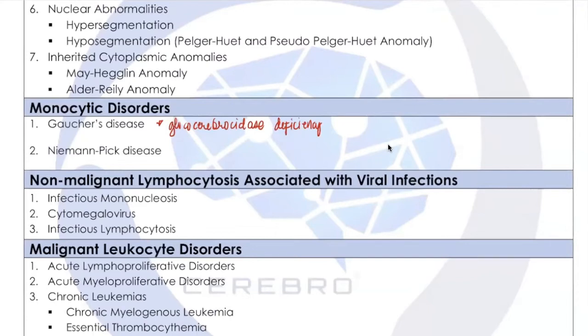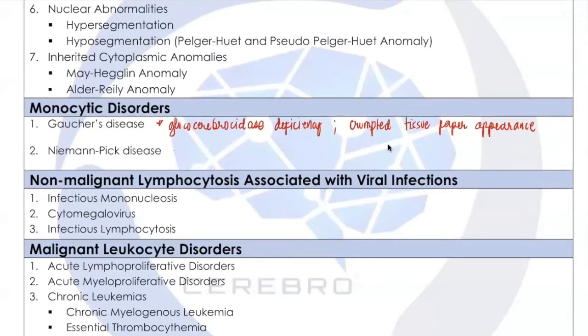Because of that, the macrophages have what we call a crumpled tissue paper appearance. Again, this is because of the accumulation of glucocerebroside within these macrophages of the spleen, the liver, and the bone marrow.